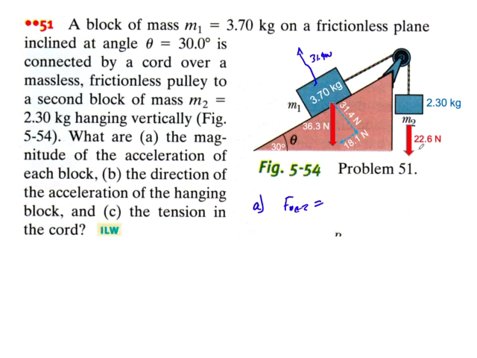So our net force is this 22.6 trying to accelerate it this way, minus the 18.1 trying to draw it that way. So we end up at 22.1 minus the 18.1 is accelerating the whole mass of the system, which is the 3.7 plus the 2.3 all times A. Solving that real quick on my calculator, minus 18.1 divided by the sum of those two, which is 6.